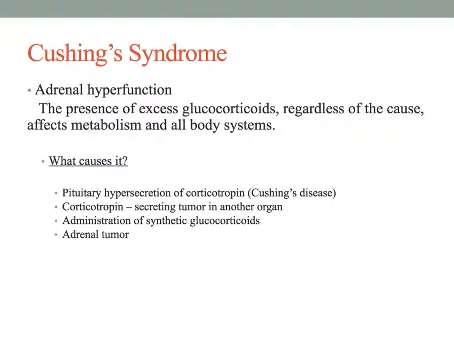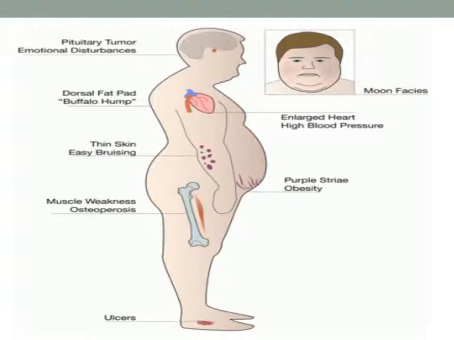As we talked about with Addison's disease, glucocorticoids play a role in metabolism and the breakdown of fat and carbohydrates and the body's response to stress. So this patient often appears as the opposite of a patient with Addison's. These are some of the visuals of signs and symptoms, and this is due to excess cortisol levels.